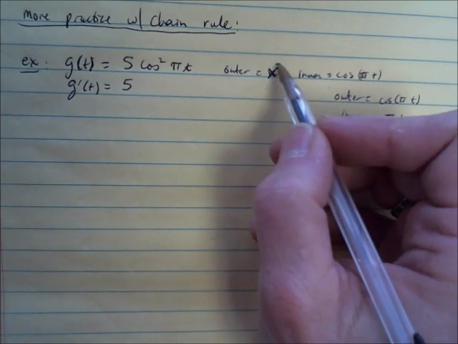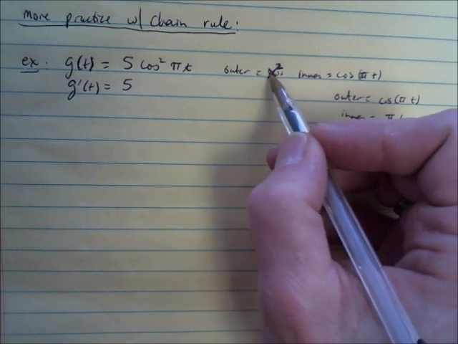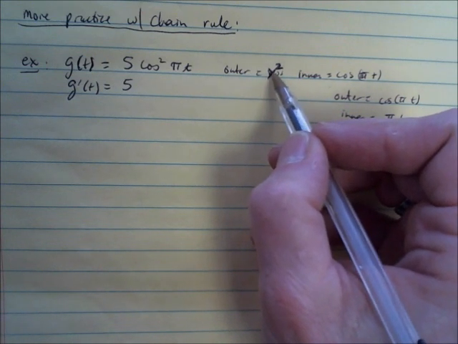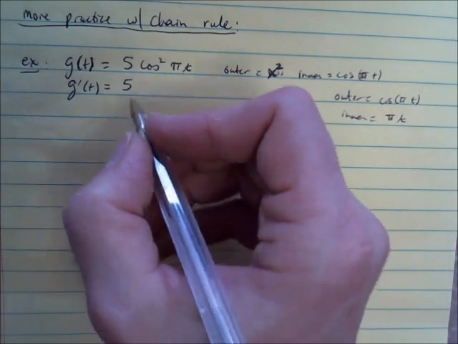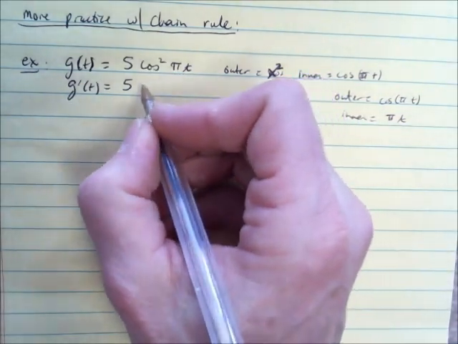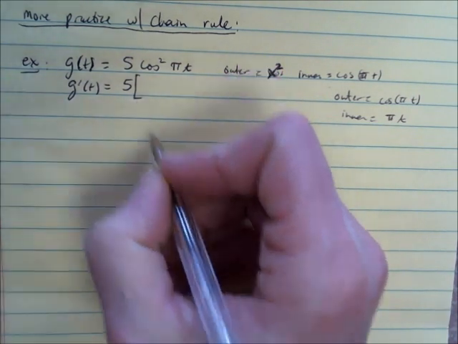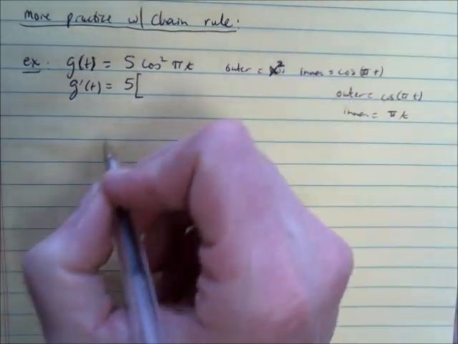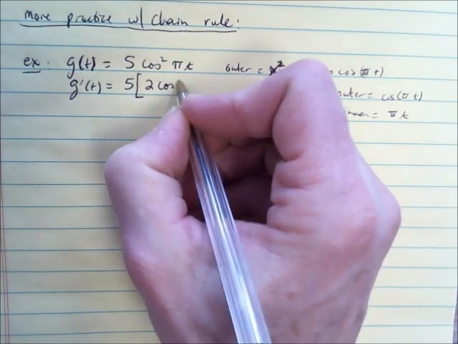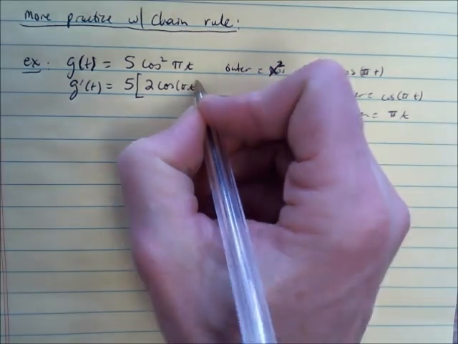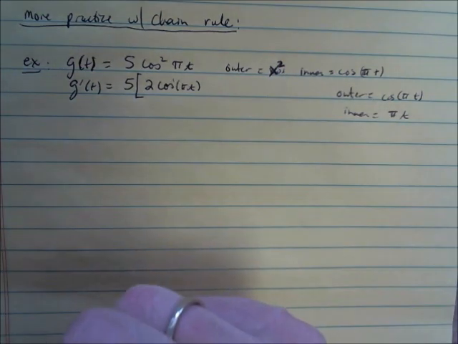So when you do the derivative of the outer function, you get 2x to the first. Well, x is not our function, it's cosine of pi t. So taking the derivative of cosine squared, I'll just put this box in here. So we have 2 times the cosine of pi t raised to the first power.